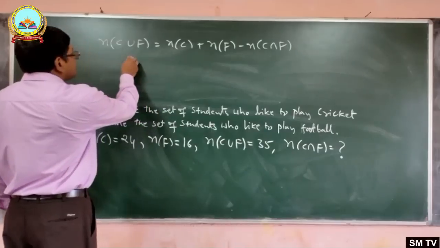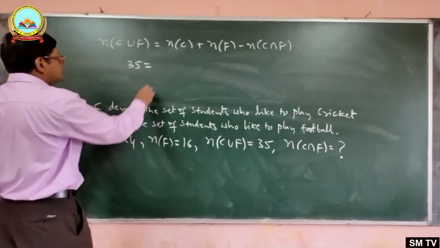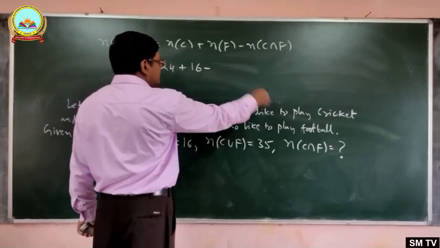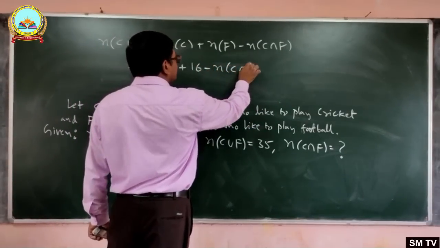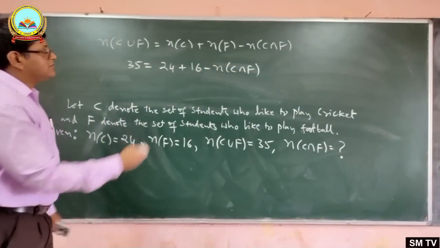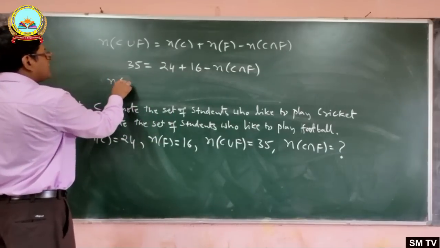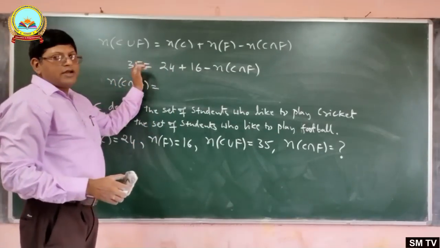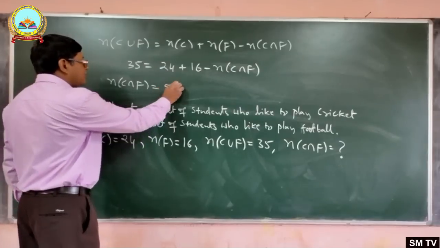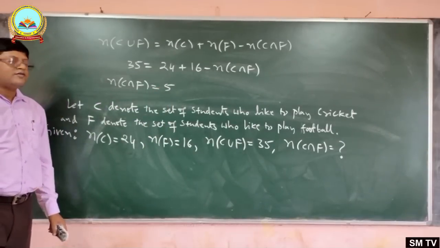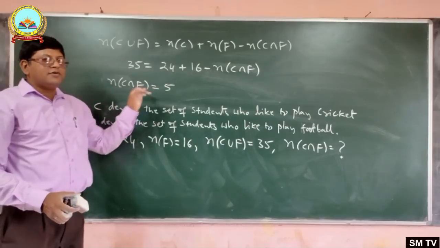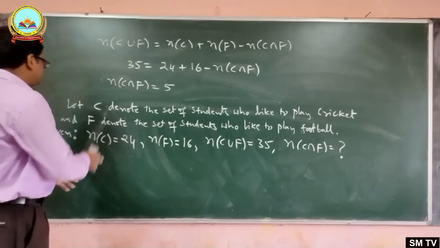N of C union F is 35, n of C is 24, n of F is 16, minus n of C intersection F. Simplify this further, shift this to the left side, n of C intersection F is equal to 40 minus 35 is 5. So conclusion, therefore, the number of students who like to play both cricket and football is 5.